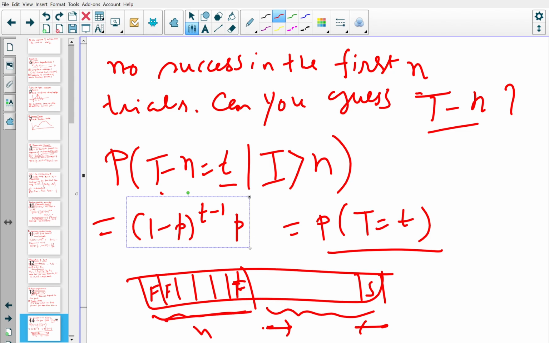If you remove the first n, the rest is again a geometric random variable. So this is giving a new start after some time. Clear? This is one example of this property.